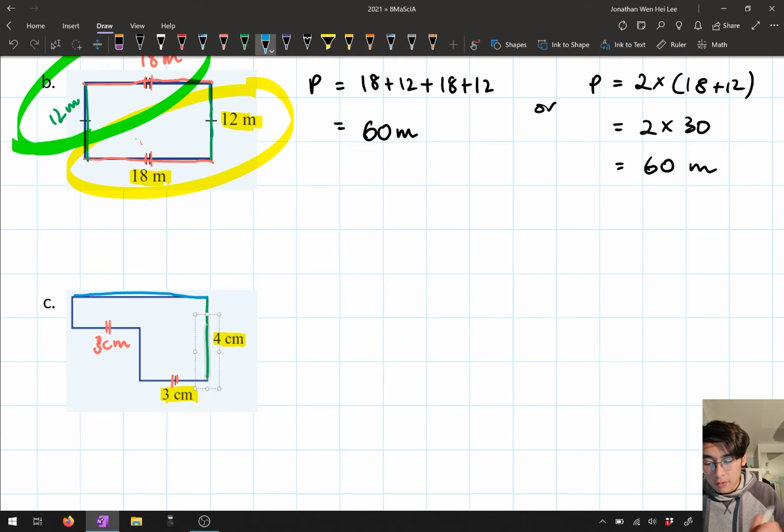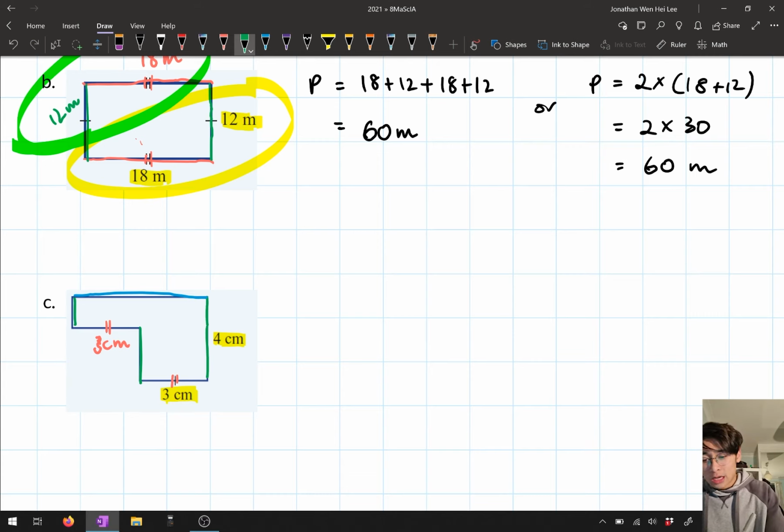Well, those 2 green sides actually add up to make 4 centimeters. So even though I don't know how long each individual green side is, it doesn't really matter, because all I know is that both those green sides will add up to 4 centimeters.